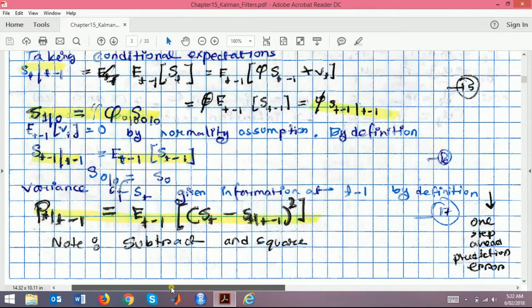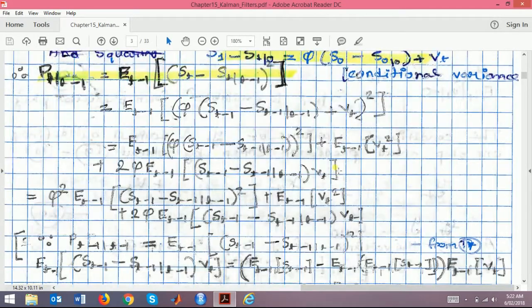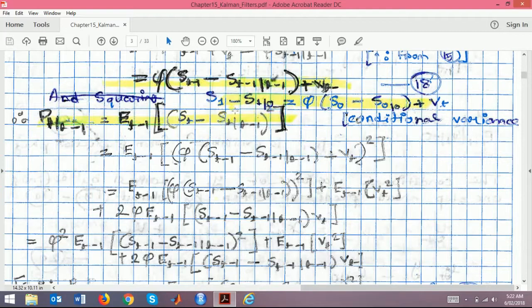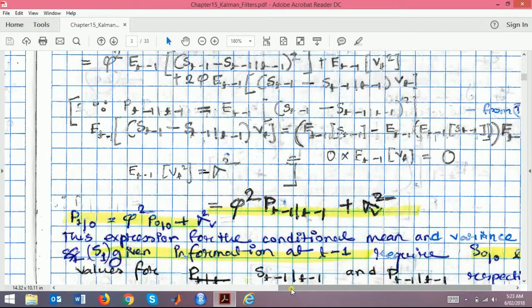Up until now, this is what we have derived: P1|0 and s1|0, and we have also talked about the prediction error, the difference s1 minus s1|0, which gives us phi (s0 minus s0|0) plus the disturbance, taking one step backward.